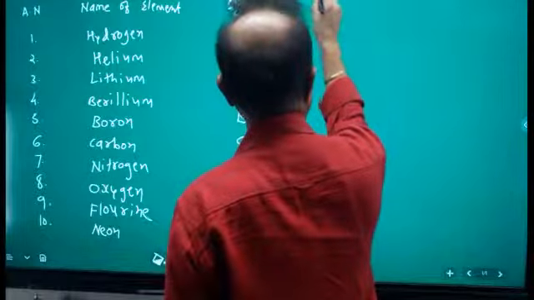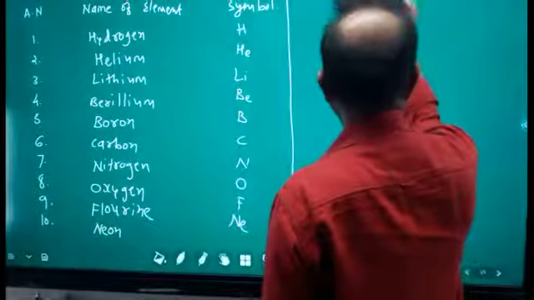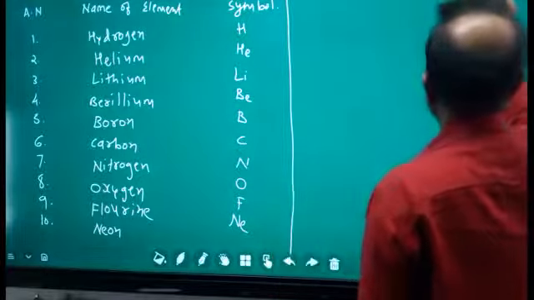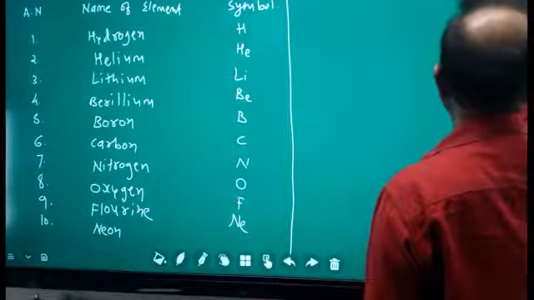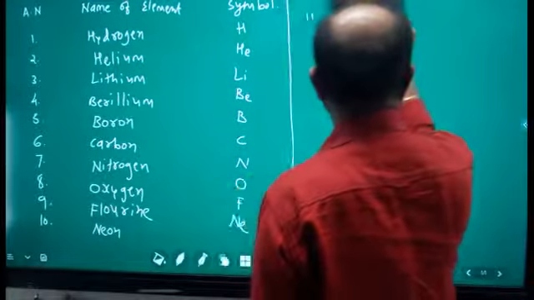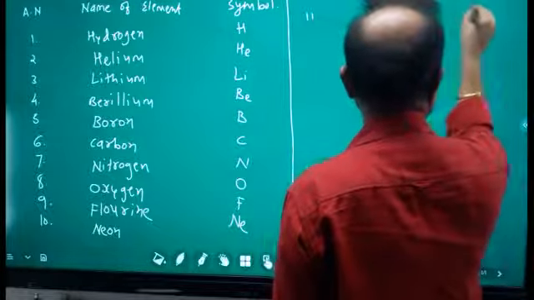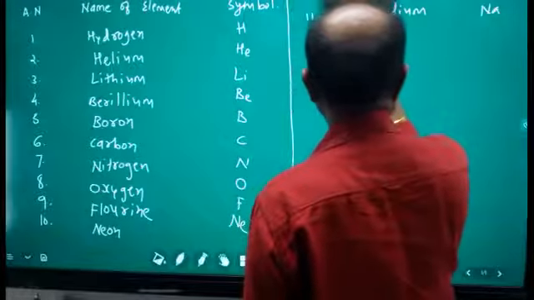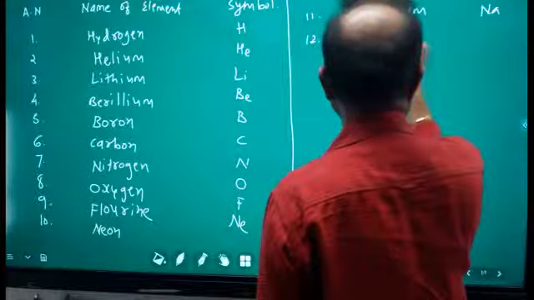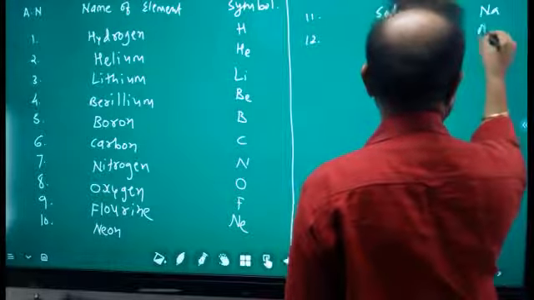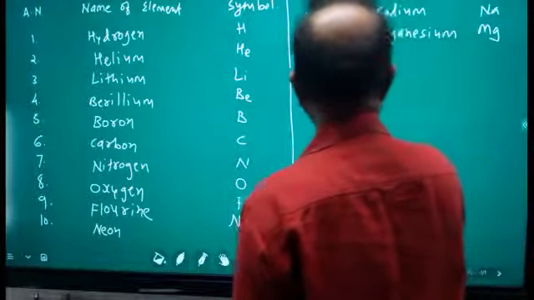Atomic number, name of element, and symbol. So atomic number 11 is sodium, symbol is Na. Atomic number 12 is magnesium, symbol is Mg.